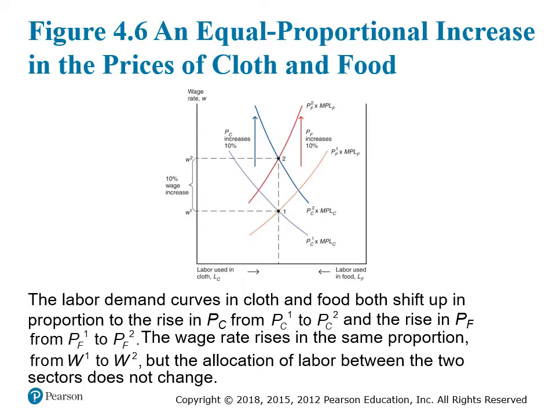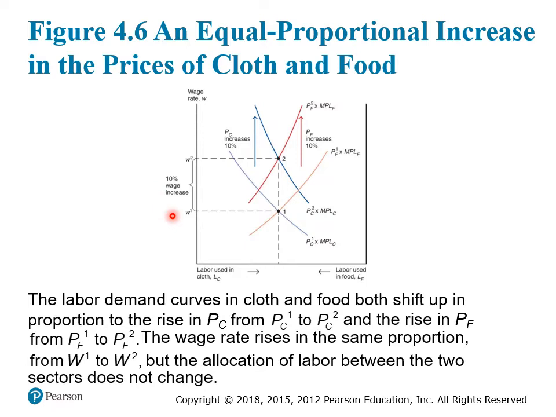In this graph you can see that the wages have increased from point 1 here to point 2 above. So from point 1 the wages have increased to point 2, and it's basically a 10% increase in wages.